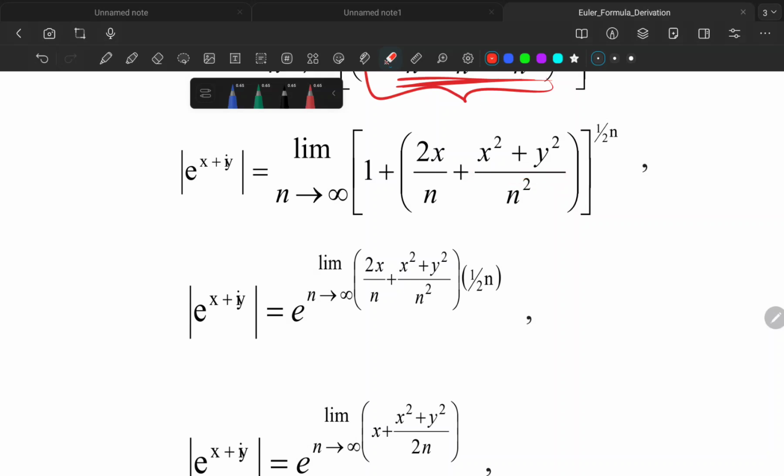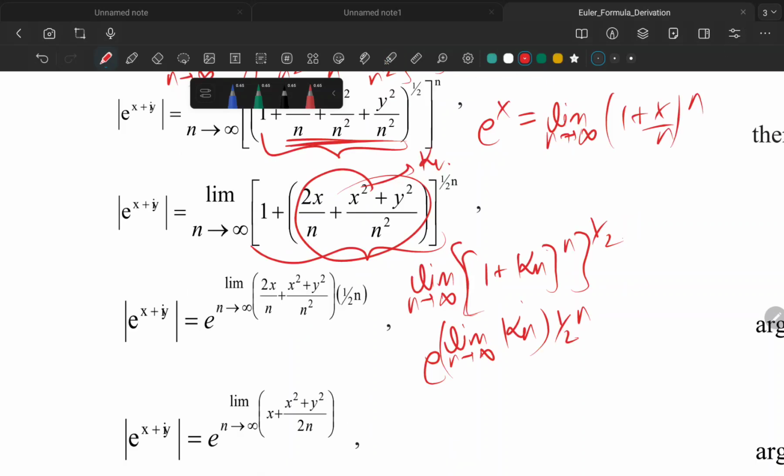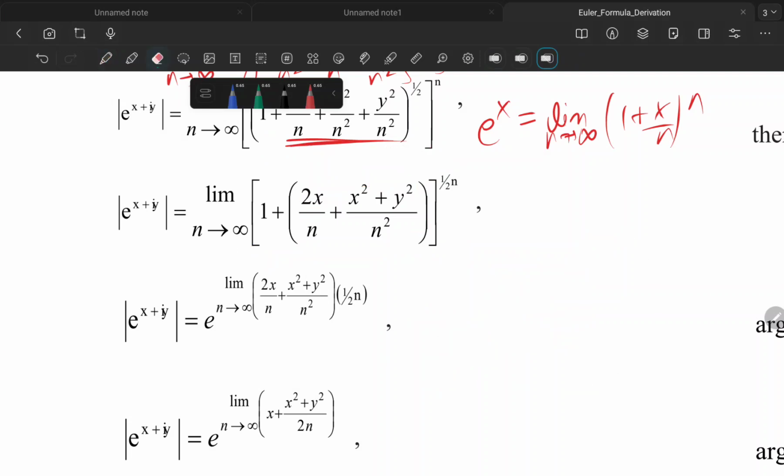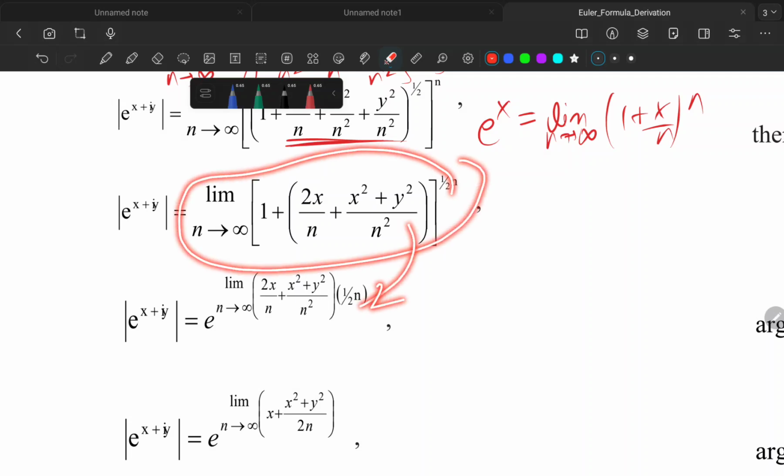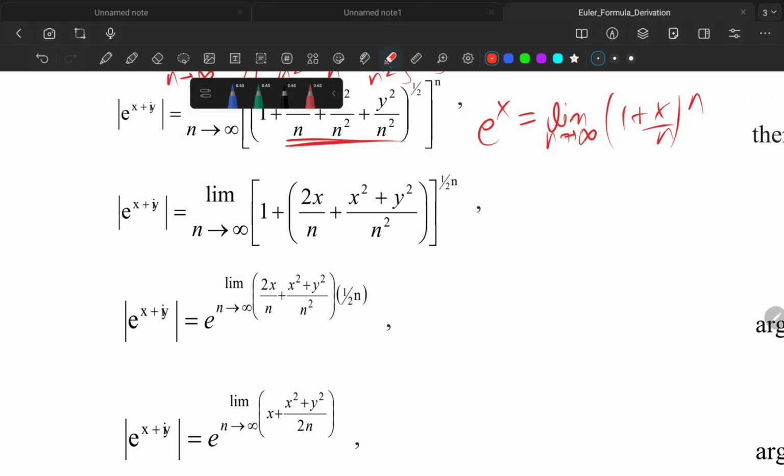Limit n tends to infinity. But wait a second. Yeah, guys, I was just searching for how he transformed this thing into this, and I got something.